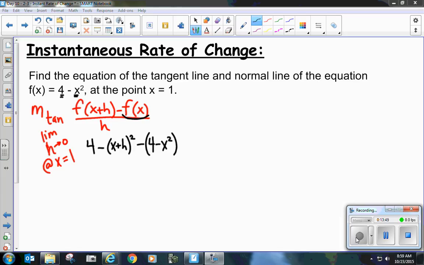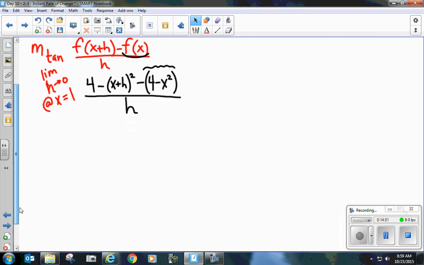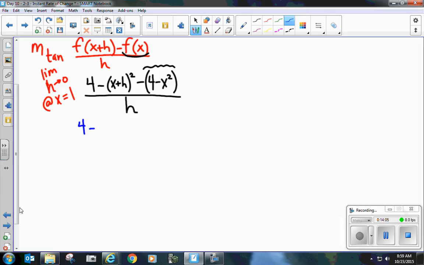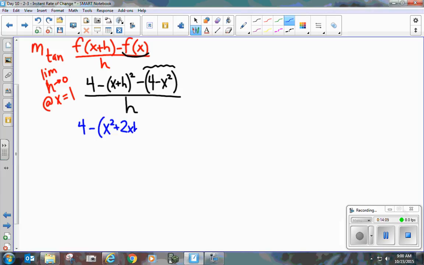And if we do this right, this part right here in the back is going to end up canceling with the part in the front after I FOIL it and expand it out. All right? So, let's go to work. We have 4 minus x squared plus 2xh plus h squared.